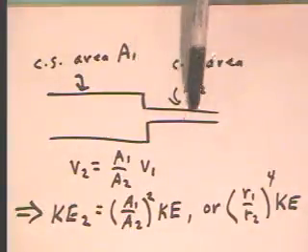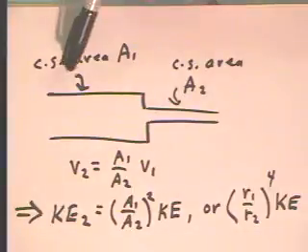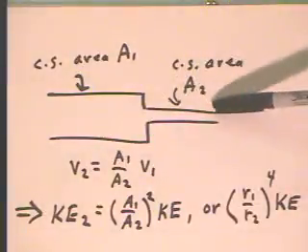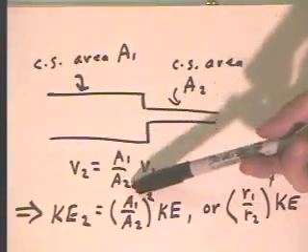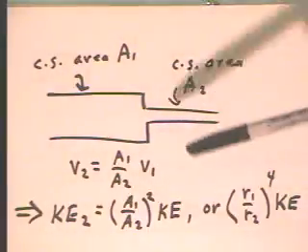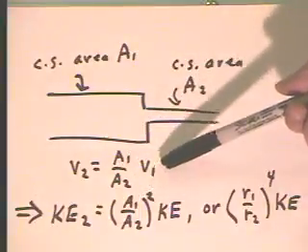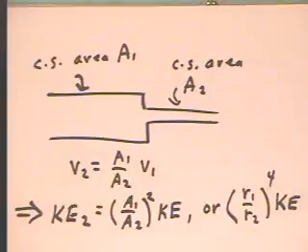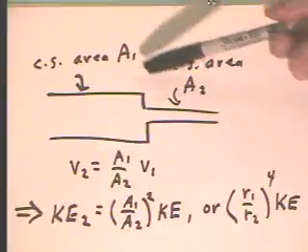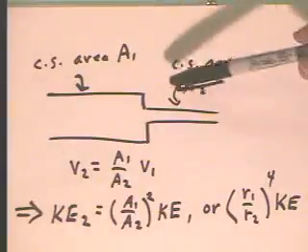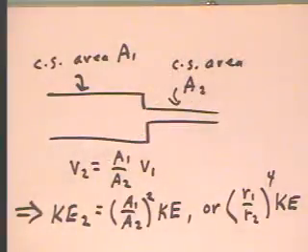Again, assuming the same electron density, the same number of electrons per cubic centimeter here as here, the velocity in wire 2 is given by something practically identical to the continuity equation: A1 over A2 times V1, the reciprocal area ratio times V1. So when area A2 is less than area A1, V2 will be greater than V1. That's what I mean by a reciprocal. There's an inverse proportionality between velocity and area.